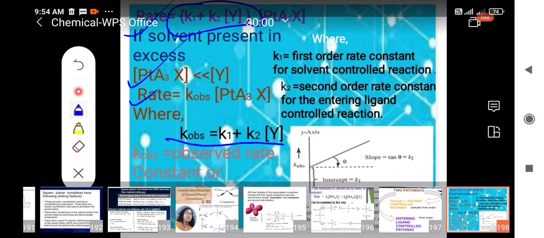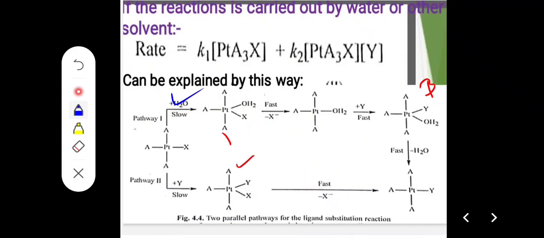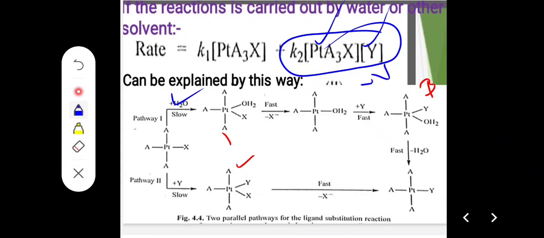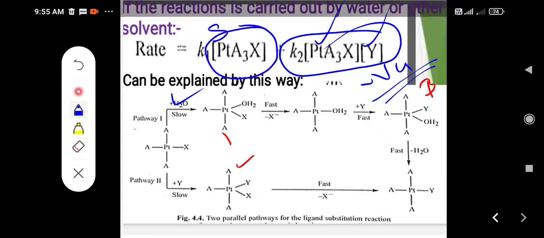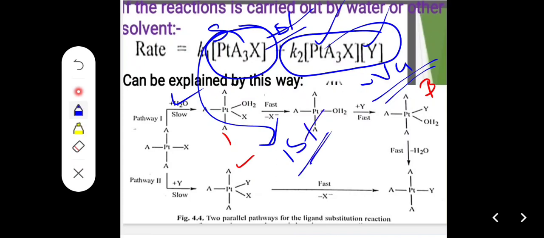Where k1 is the first order rate constant for the solvent control pathway, and k2 is the second order rate constant for the entering ligand control pathway, because in the second order case two concentrations are important. This is the nucleophilic pathway, and the other must be the solvent pathway, where only one concentration is important, so this should be the first order rate constant and this is the second order rate constant.